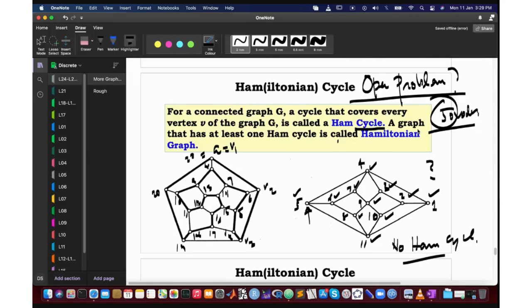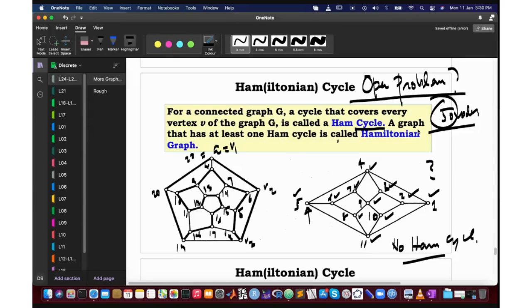But it's quite easy to describe, right? All I want is to start at a vertex, visit every vertex in the graph, and then come back to where I started without going to a vertex twice. But it's much harder.